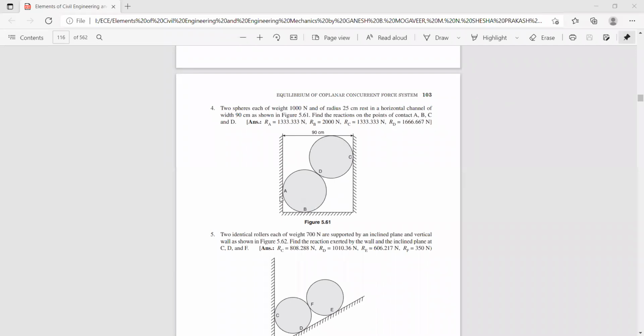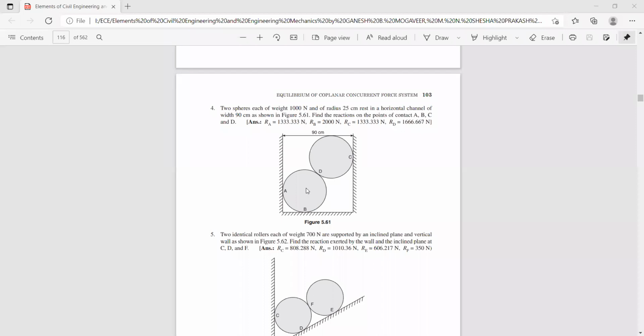Now first we have to find out the contact points. So this is the point at which sphere 1 makes contact with one of the sides and at the bottom. So these are the points of contact A, B, C and D. We are supposed to calculate the reactions RA, RB, RC and RD. Now let us draw the free body diagram of sphere 1.